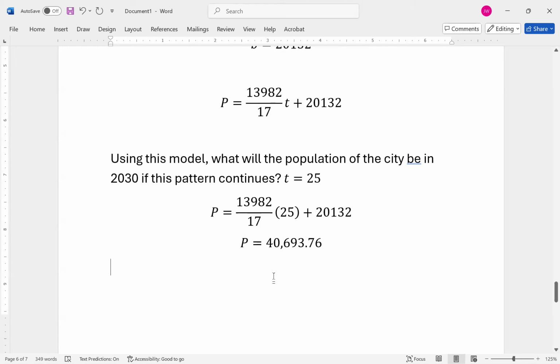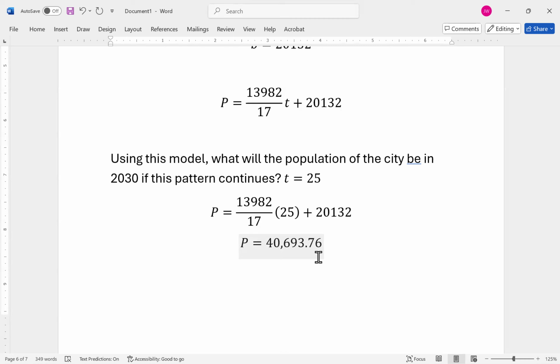Sometimes people will be very strict about getting the right type of answer. Other times people will be less strict and they'll say round any answer to 2 decimal places. So if people aren't strict about being precise, they would say, well, the population will be 40,693.76.